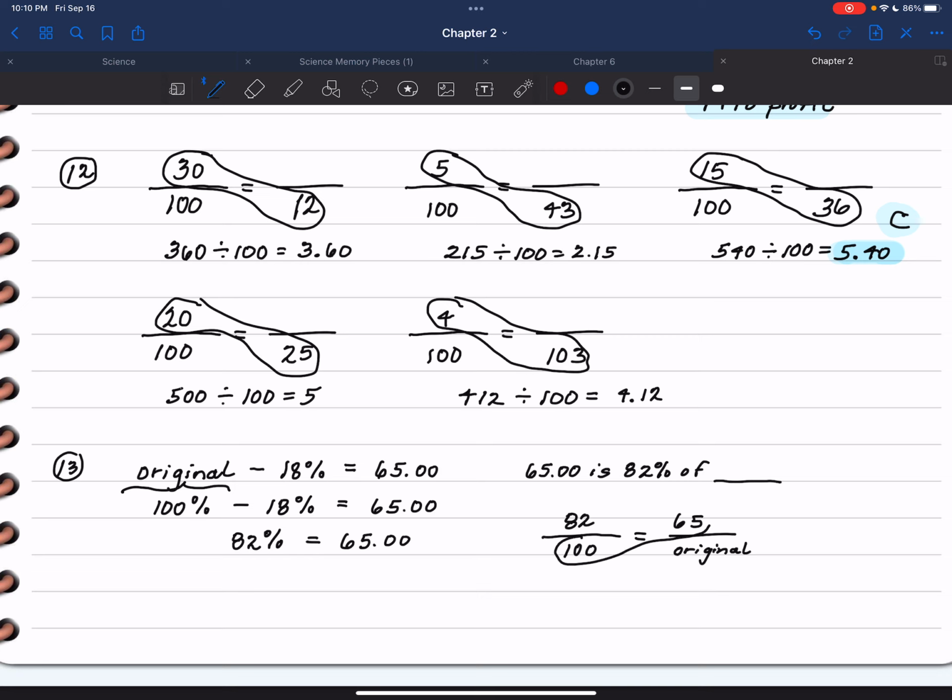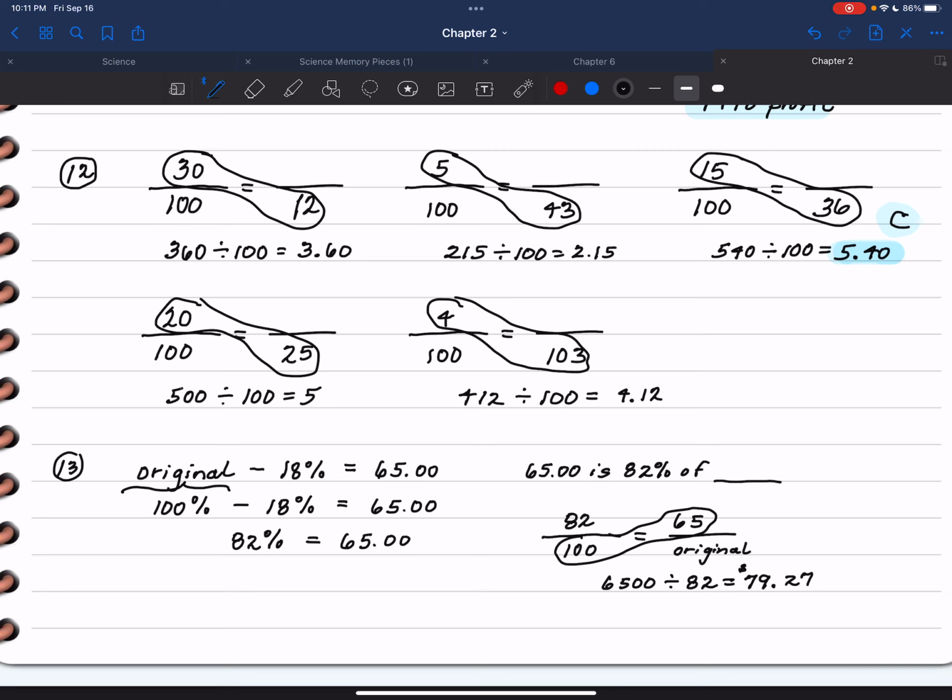So 100 times 65 divided by 82 is $79.27 if I round it. Okay. He got $76.70. So I'm going to assume that I'm correct and that he was wrong.